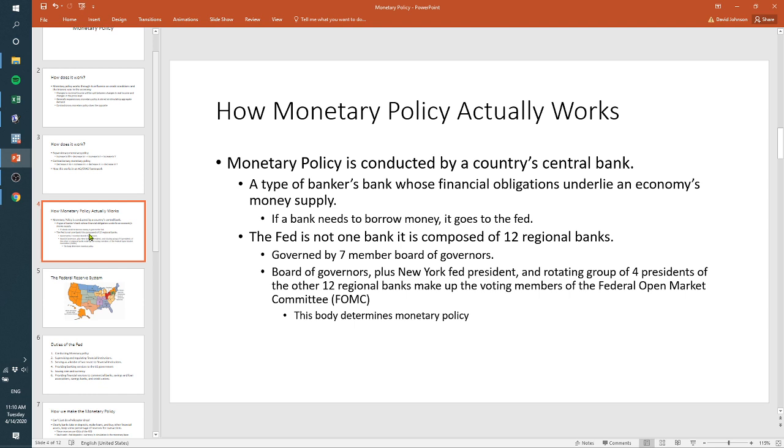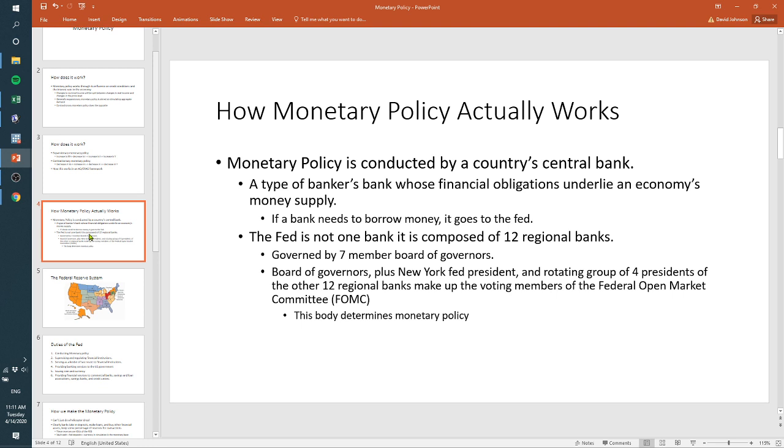So every U.S. bank has an account with the country's central bank, and this central bank's financial obligations underlie the monetary system, the money supply, in the country in which the central bank operates.